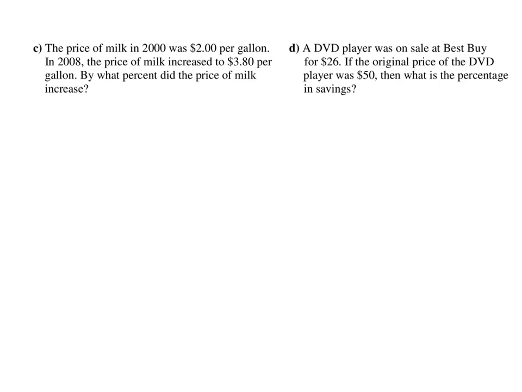Going on to the next example, the price of milk in 2000 was $2 per gallon. In 2008, the price of milk increased to $3.80 per gallon. By what percent did the price of milk increase? So what was the change in price? It was $1.80. What was the original price of milk? It was $2. So this is some funky business here. What do you do?